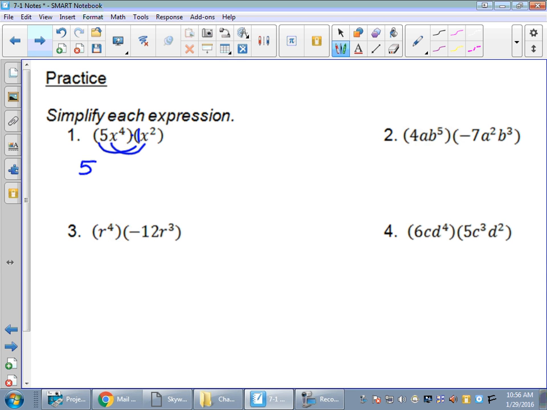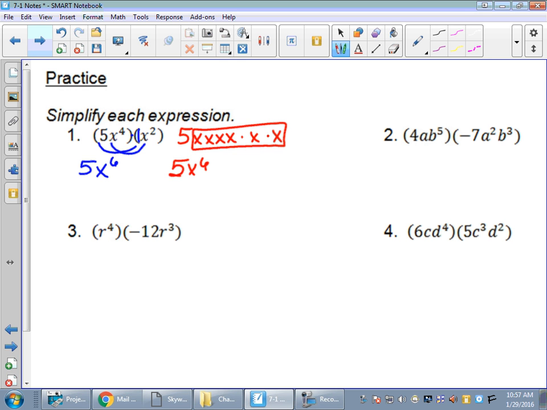I'm multiplying, and so I have x to the 4th and x squared, add the exponents, and you get 5x to the 6th. Using expansion, I can rewrite this as 5 times x, x, x, x, times x, x. And you'll realize you have 5 with 6 x's, so you have 5x to the 6th.